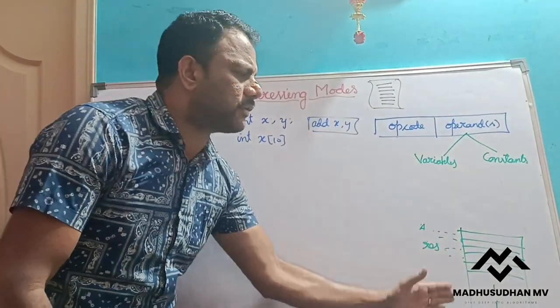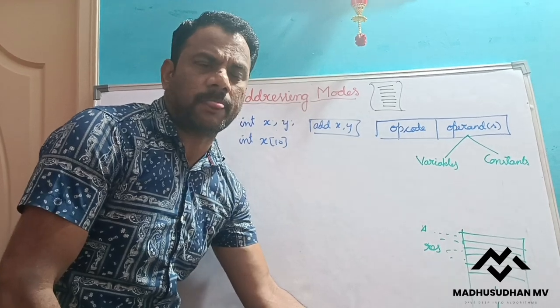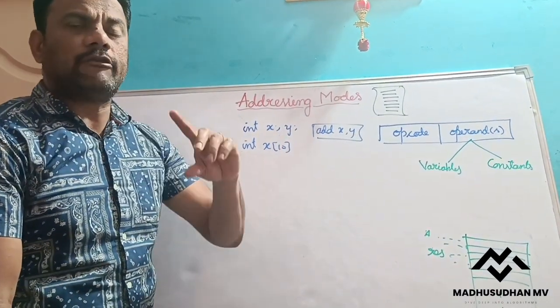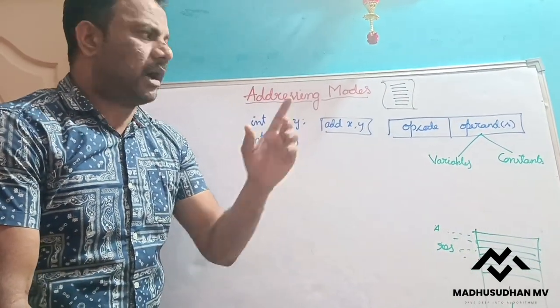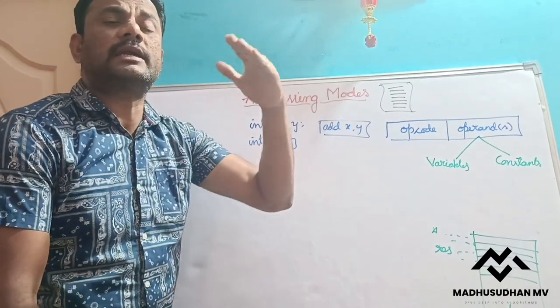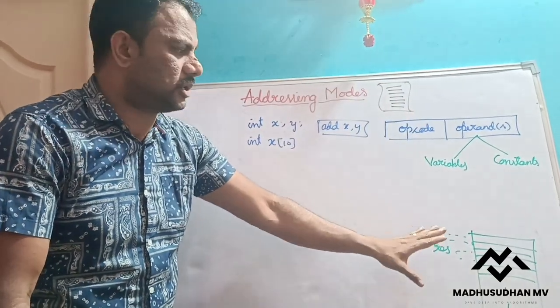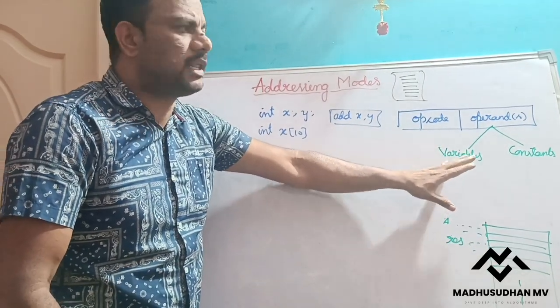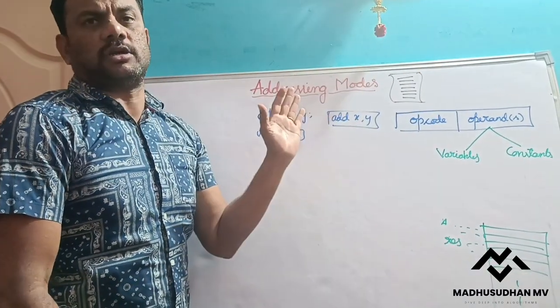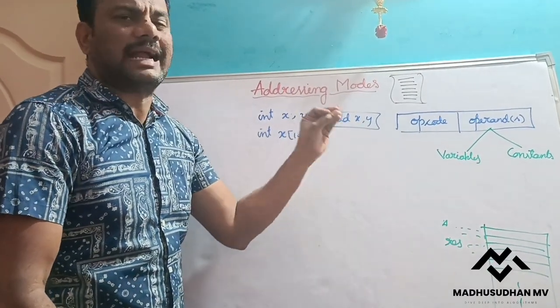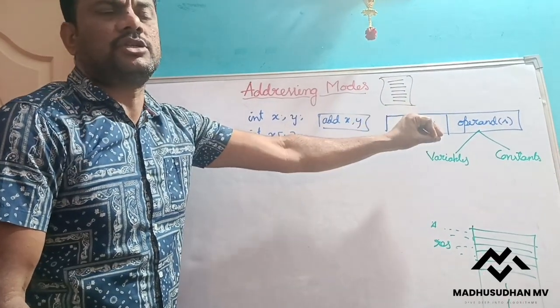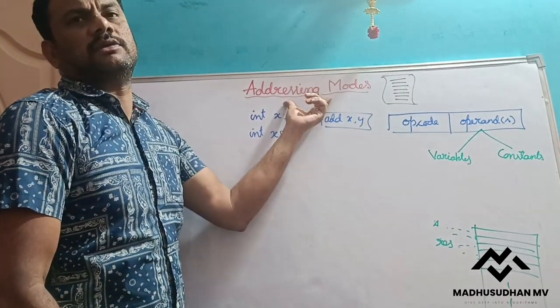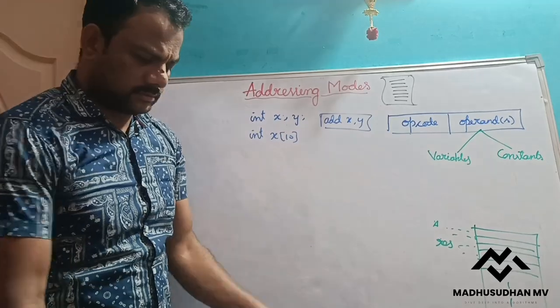And we store them in different locations of the main memory. Since we are handling variables of different data types using different data structures, we need to mention the addresses of these variables in the instruction. So how do we mention these addresses in the instruction? That is addressing modes.